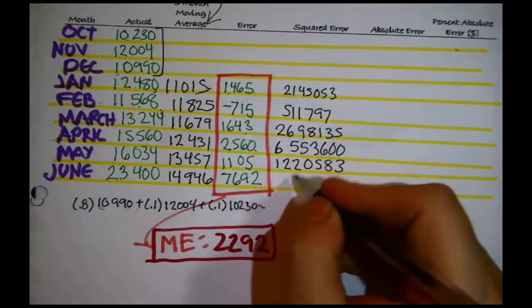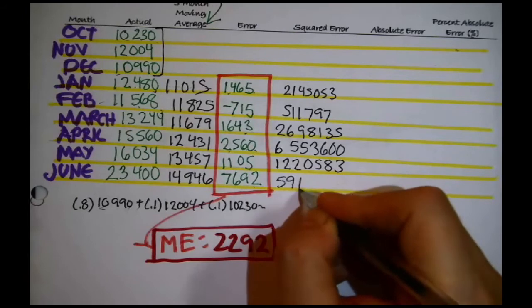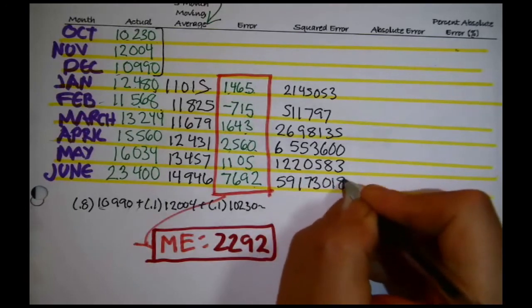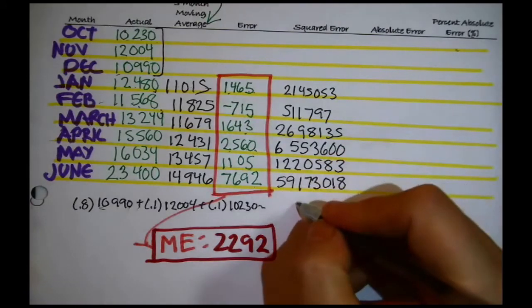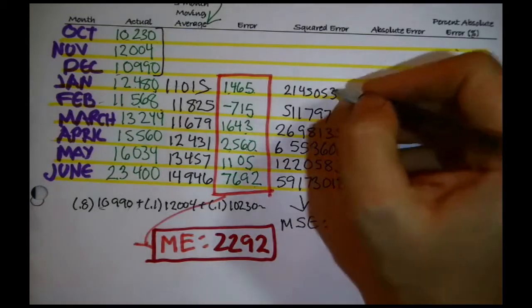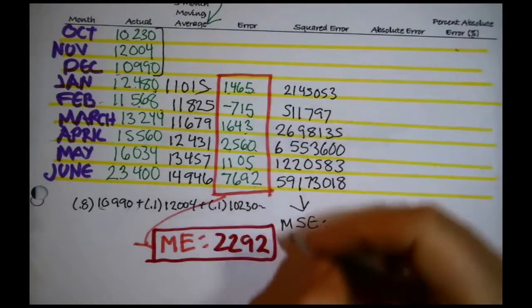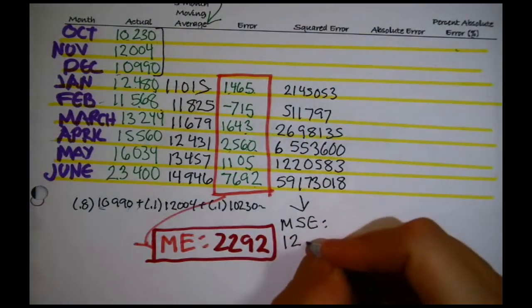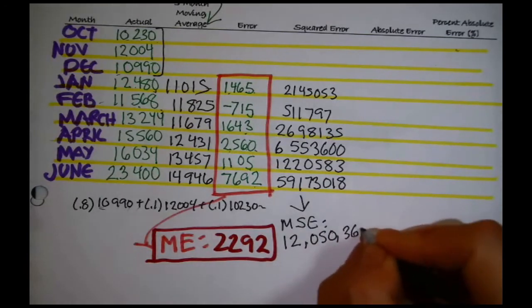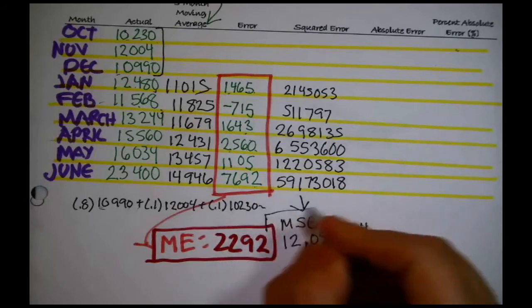I get 59,173,018. What are we supposed to do with these numbers? They allow us to assess the mean squared error. I just average these together now, and I get a big number, 12,050,364.